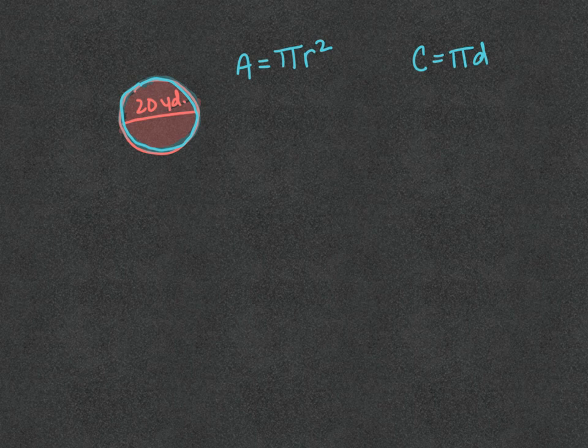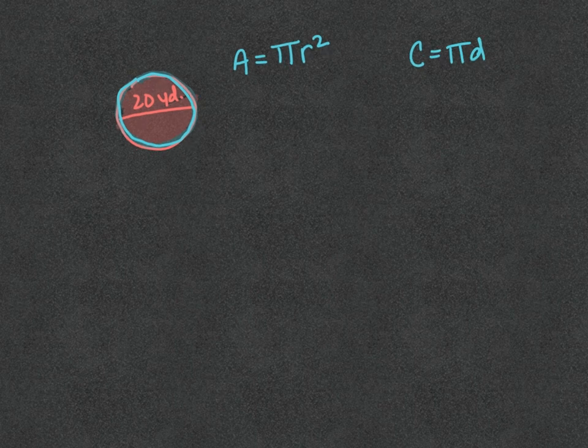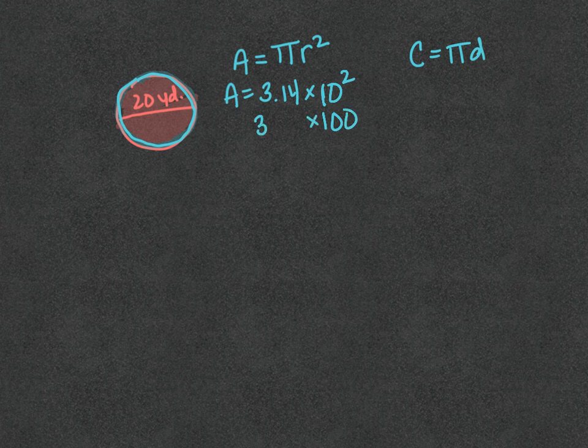Circumference equals pi times diameter, because that diameter stretches around 3 and a little more times. Let's just fill in what we know. We know on area that pi is 3.14 times the radius, which they don't give me. They give me the diameter of 20. Well, radius is half of that, so 10 to the second power. Calculate that exponent first. 10 to the second power is 100.